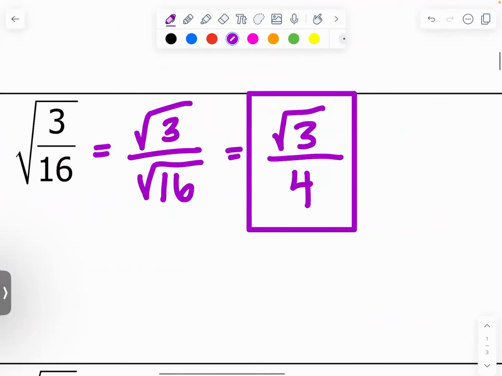I can't reduce the square root of 3 no matter how hard I try. But we could reduce the square root of 8.